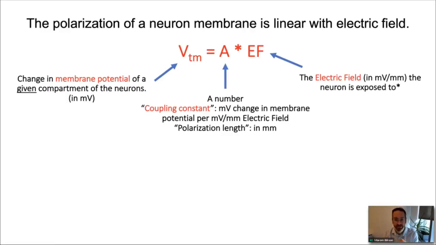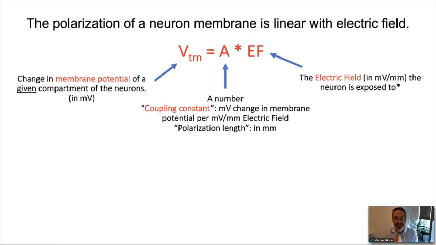If that constant was, for example, 2, then a 1 volt per meter field would produce a 2 volt polarization, or a 1 millivolt per meter field would produce a 2 millivolt polarization.